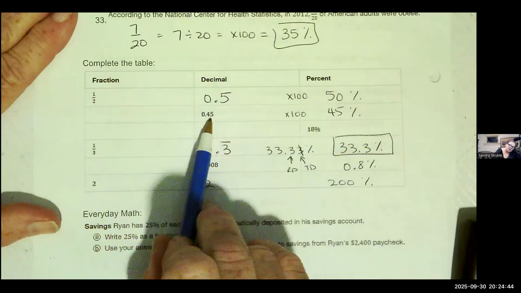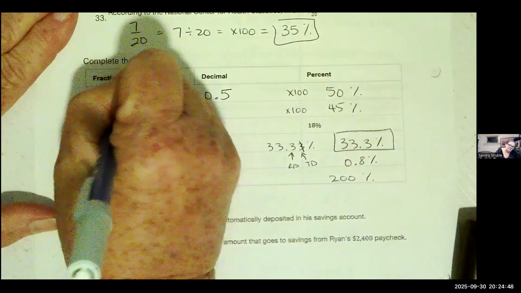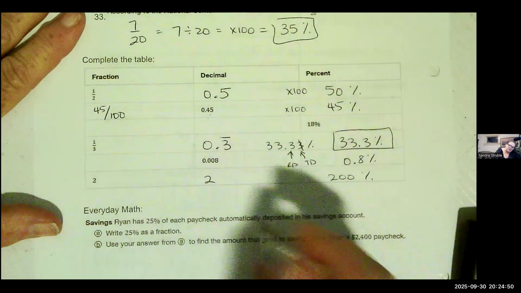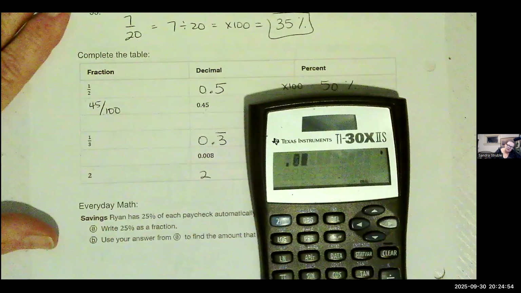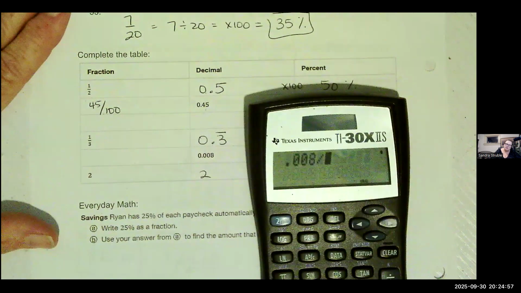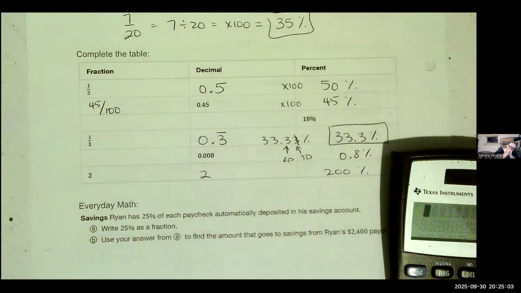Well, we've got a decimal we need to take to a fraction, so that's going to be 45 over 100. I'm fine with you leaving it like that. I've got 0.008. This one's going to be weird. The problem with this one is because that 8 is in the thousandths place.